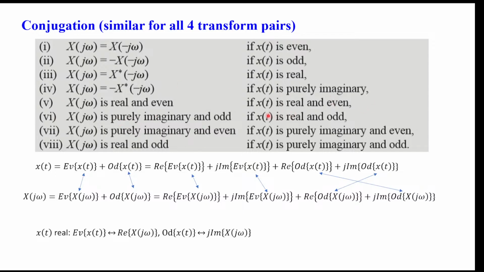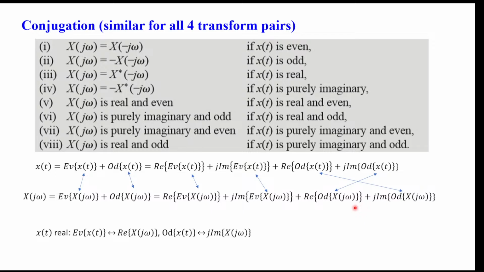So if small x of t is real and even, big X of j omega is also real and even. This is very nice to remember, and the next one is a bit nice to remember. That is, if x is real and odd, then big X is imaginary and odd. And here we have more analysis about what the components are if you have a real signal, etc.